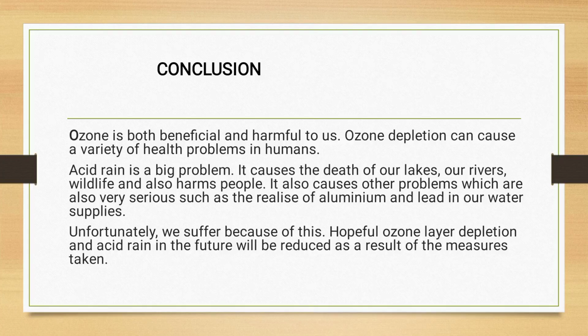It causes other serious problems, such as the release of aluminum and lead in our water supply, which will cause damage to humans as well as animals and plants. Unfortunately, we suffer because of this. Hopefully, ozone layer depletion and acid rain will be reduced in the future because we have taken some preventive measures. We hope that it will be reduced in future.